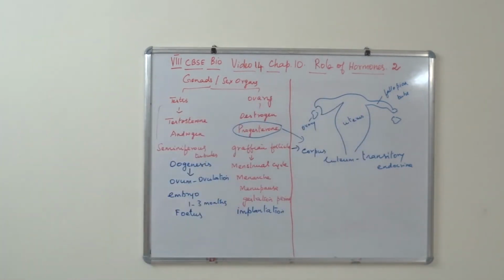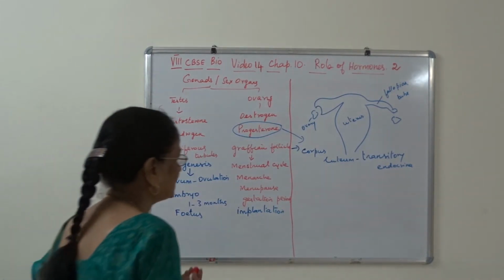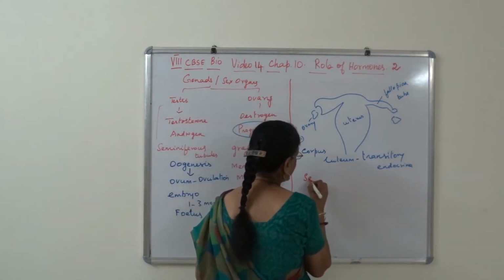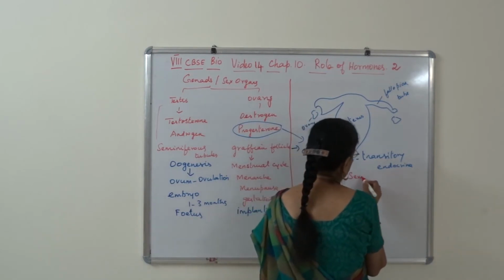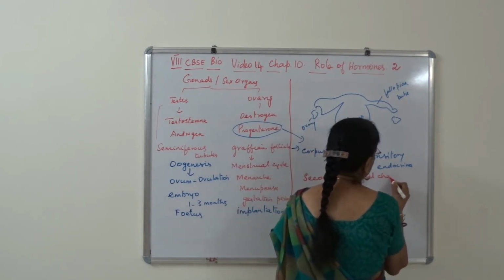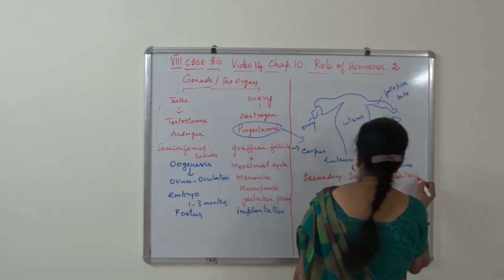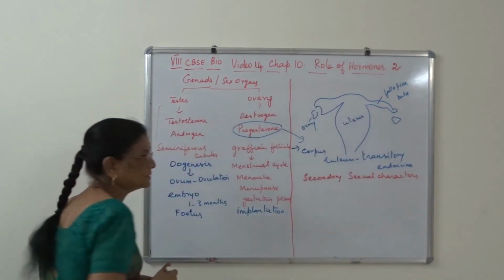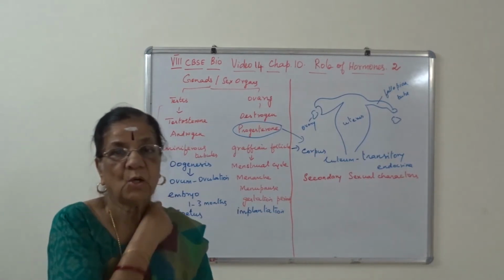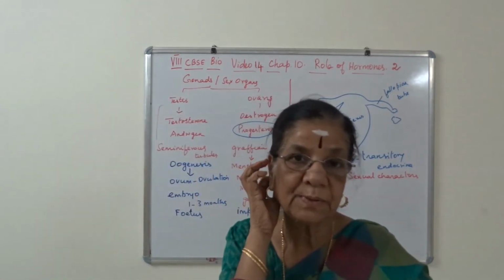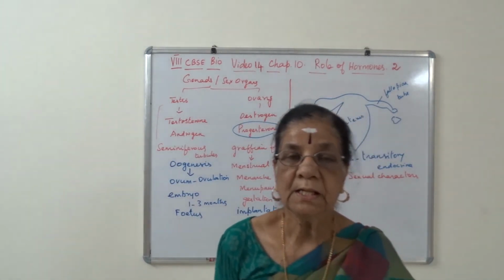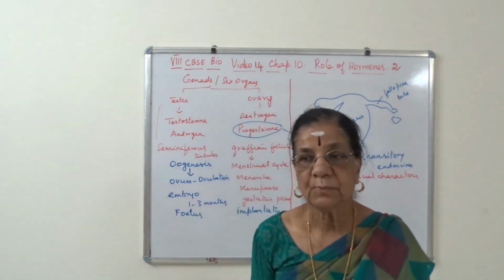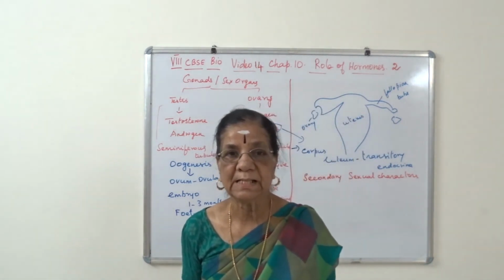Now we will come to another term, secondary sexual character. Normally the development of testis and its associated organs in male and development of ovary along with its accessory organs in female reproductive system form the primary sexual characters.